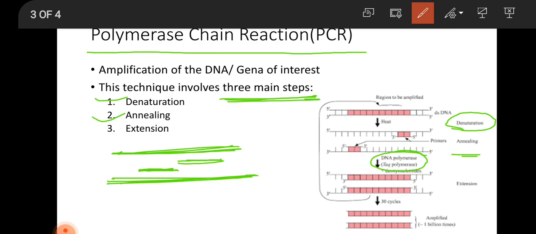You can see the third point is extension. After the annealing process, you will get the two strands of DNA, 1 and 2, to complete the strand of DNA, which is an extension. So the whole process is known as the amplification, amplified.